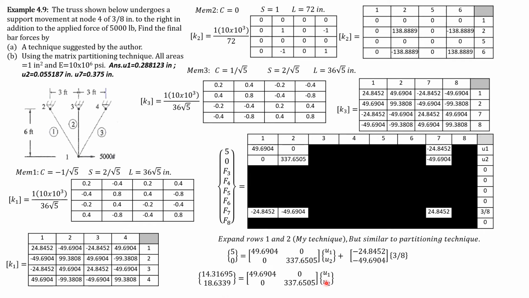So solving for U1, U2, it is the inverse of this 2 by 2 matrix times this force matrix here. The result would be 0.288123 and 0.055187 for U2, in inches. So that's the resulting displacement.